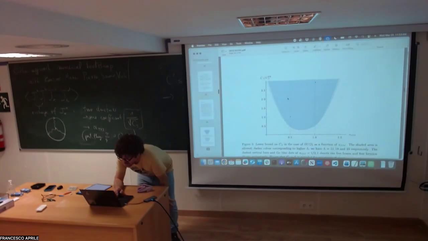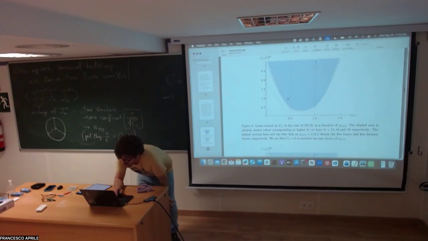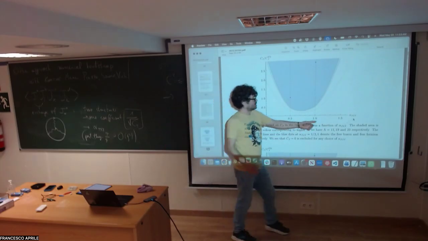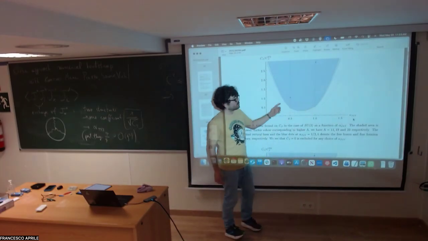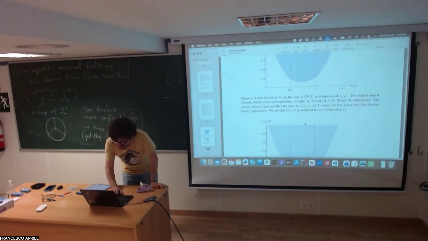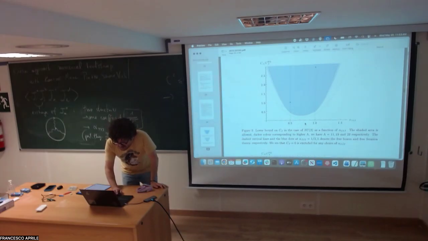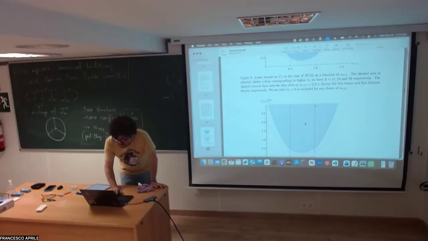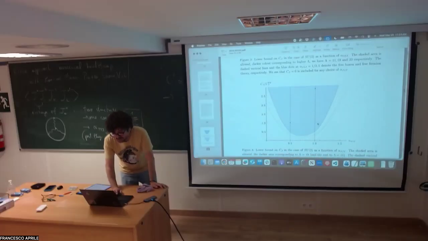And let me show you the figure. So you see we're scanning over the other parameter, and we get these bounds. The details of this result are not so important, but this is for SU(2) Yang-Mills, and this is for SU(3).